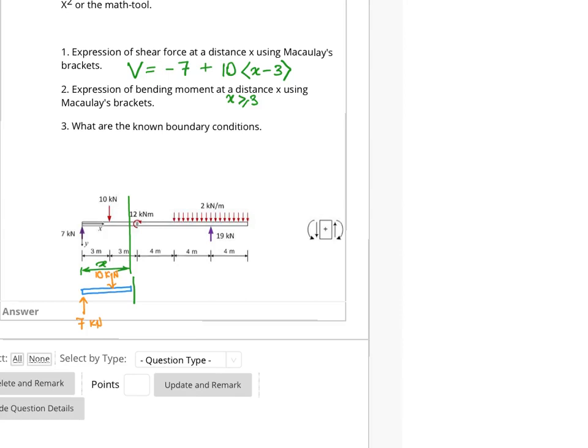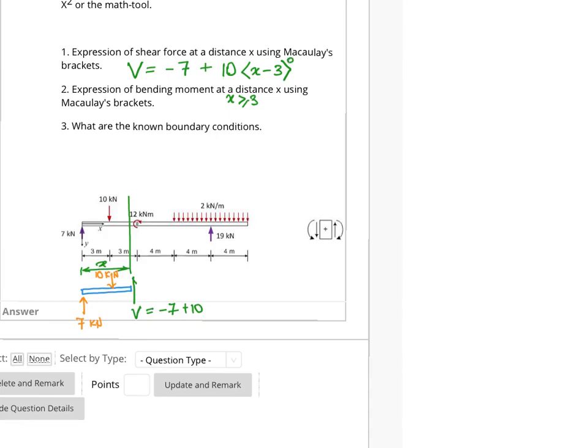The shear force contribution at this point would still be, if we calculate V at this point, minus 7 plus 10. V would be minus 7 plus 10 at this point anyway. So we can avoid this by putting a power of 0 here.